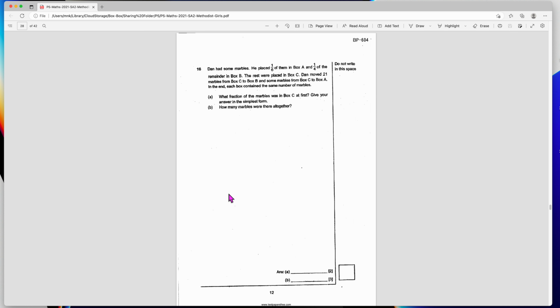So basically, Dan had some marbles, then he placed 1/6 of them in box A and then 1/4 of the remainder in box B. So when you put something in a box, do you think this is a transaction question? Like, you give, you receive, you buy, you sell. So in a way, when you put something in a box, does that mean you give?